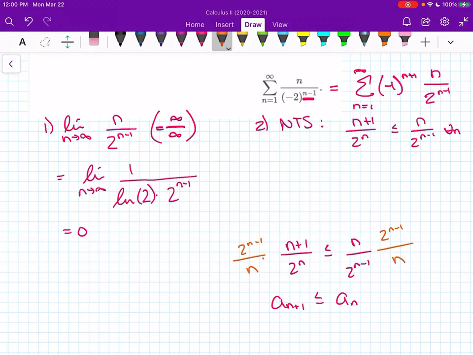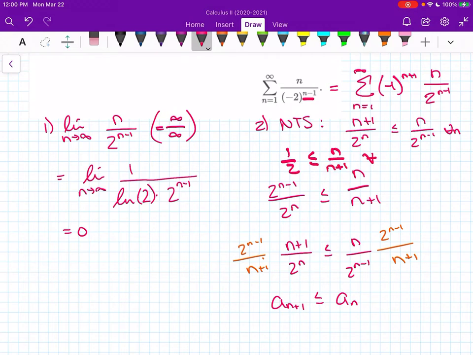So then I'm going to get 2^(n-1) over 2^n is less than or equal to n over n plus 1. And then I see that here I can cancel on the left-hand side, and I'm left with 1/2 less than or equal to n over n plus 1. And we see that is in fact true for all n greater than or equal to 1.